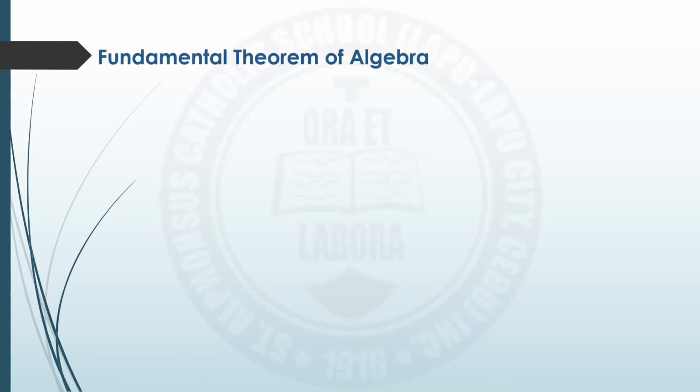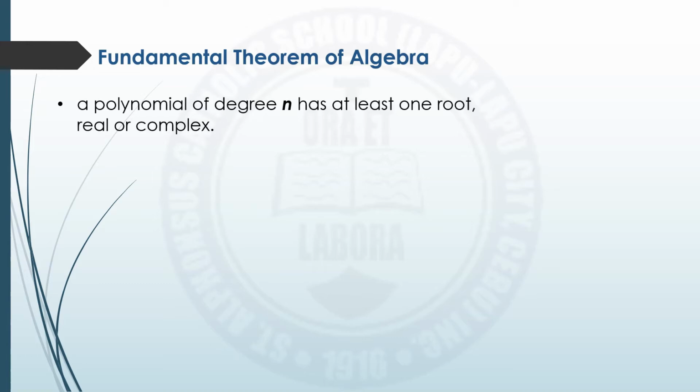Identifying the number of roots of the given polynomial is according to the fundamental theorem of algebra. It states that a polynomial of degree n has at least one root, real or complex, meaning if the degree is 3, then the polynomial equation has at least one root and it has to be a real or complex number.